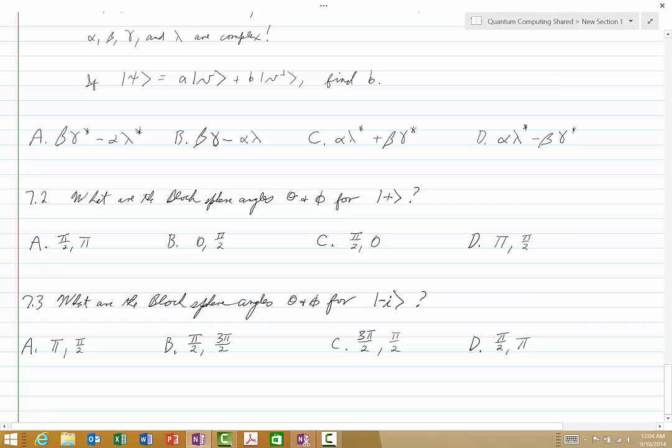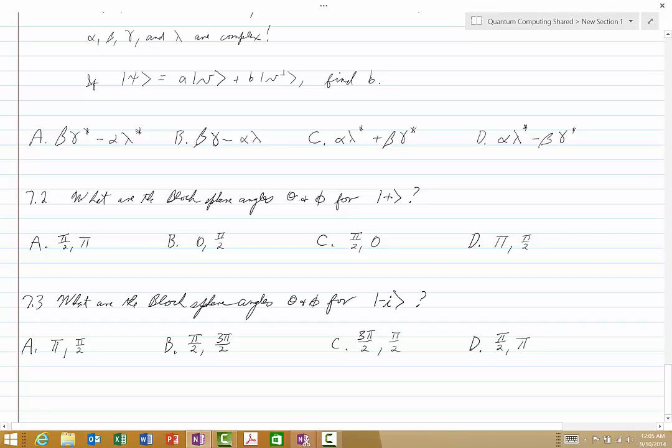In 7.2, I'm asking you for the Bloch sphere angles theta and phi for the plus ket, and you have the choices pi over 2, pi; 0, pi over 2; pi over 2, 0; and pi over 2. In each pair, the understanding is that the first angle given represents theta, and the second angle given represents phi.